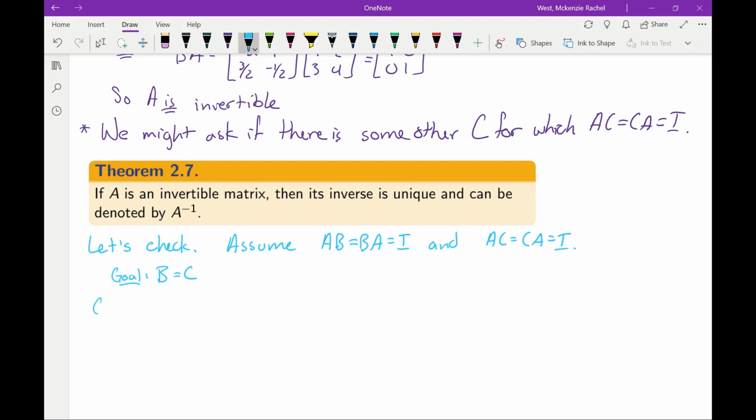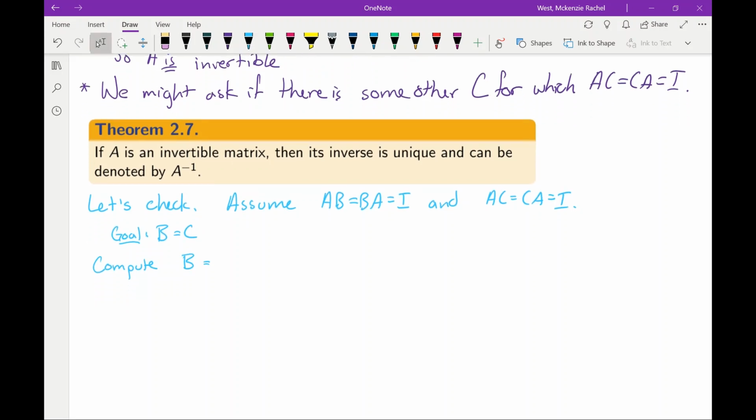So let's compute starting with B and do just like we did in the last proof we saw in the video. We want to go through steps to logically get to B equaling C. So the way we're going to do this is B equals B times I, and this is from theorem 2.4 property 1.